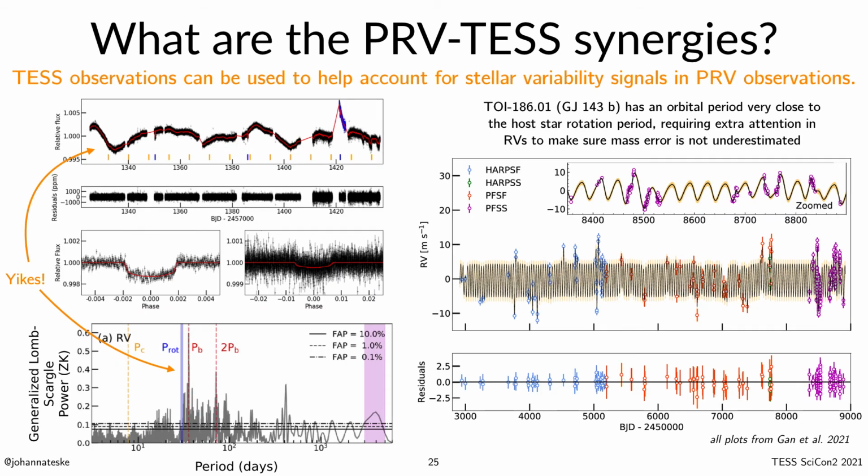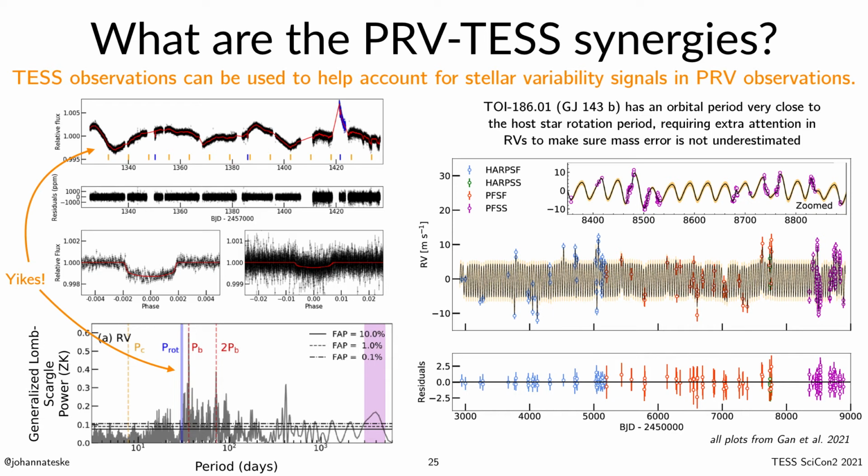Next, TESS observations can be used to help account for those stellar variability signals that I talked about before. This is an example of TOI-1266, which I think was originally a single transit detection, but then we got more TESS data. It was originally published by Diana Dragomir as one of the first published TESS planets.